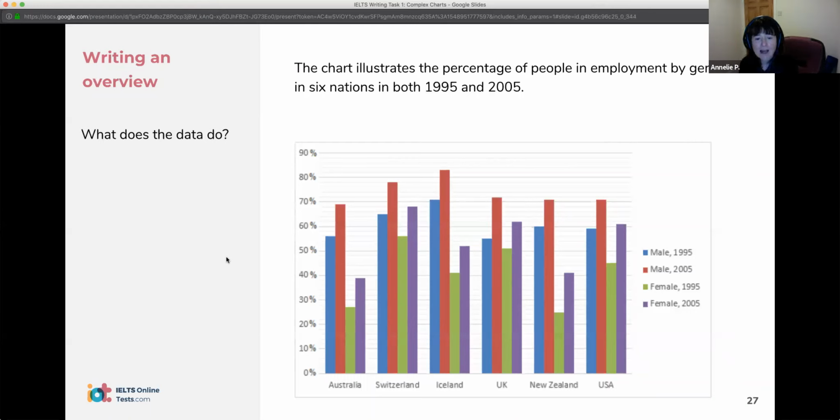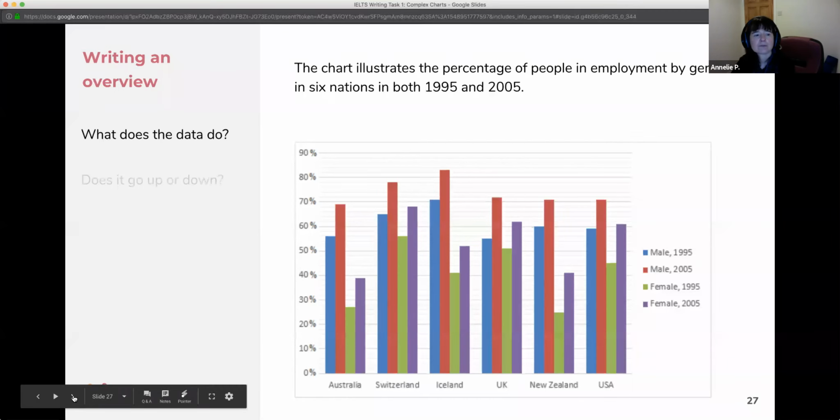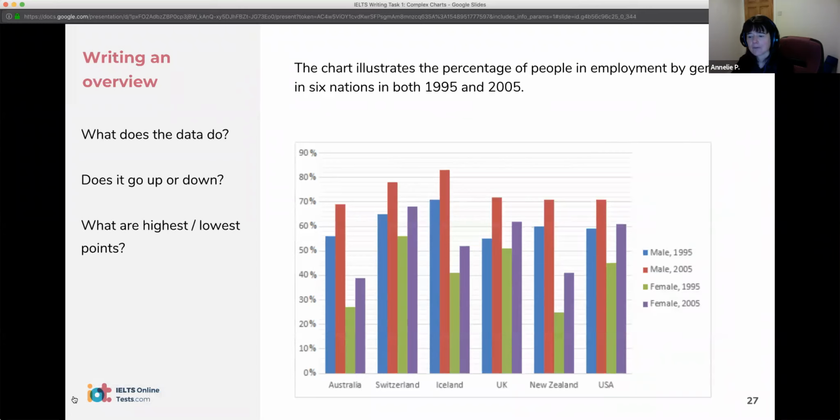And what about the different countries? If we look at female employment over the 6 countries, what would we say? So there's quite a lot of fluctuation with the females.